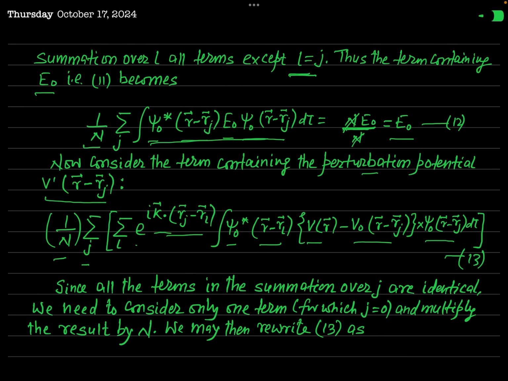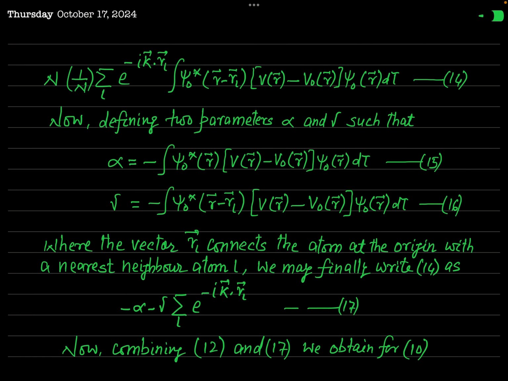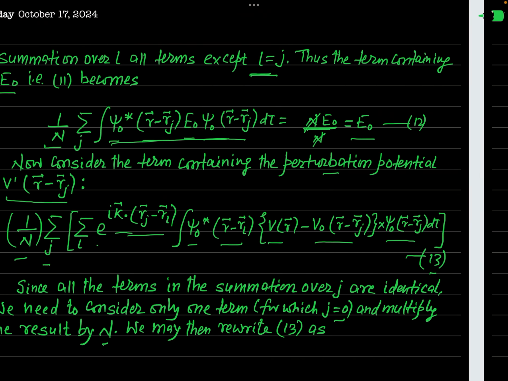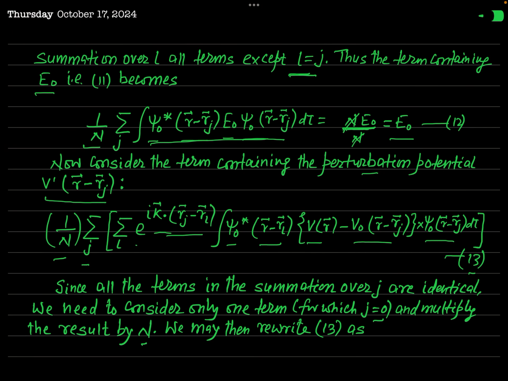Now, since all the terms in the summation over j are identical, we need consider only one term, for which j will be equal to 0, and multiply this result by n. After multiplication by n, what will this equation 13 be?